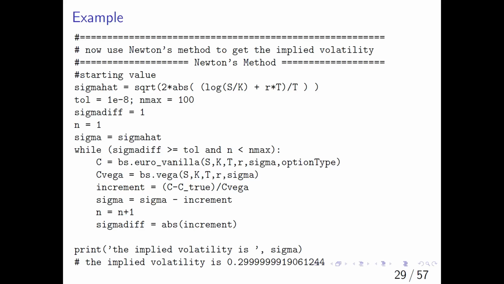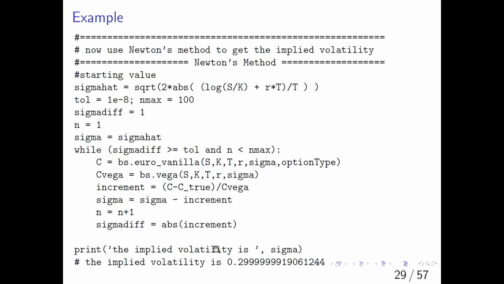That means there is not much room to improve the accuracy, because the increment from the current iteration is too small. We don't bother with more iterations. We just stop, okay? Or if we exceed the maximum number of iterations, we also stop.